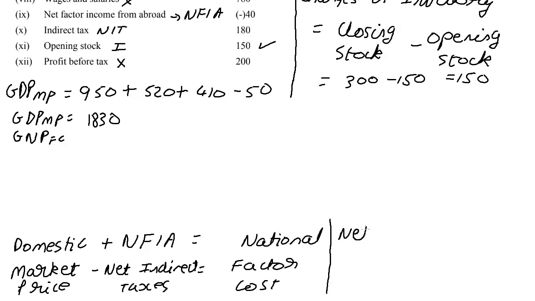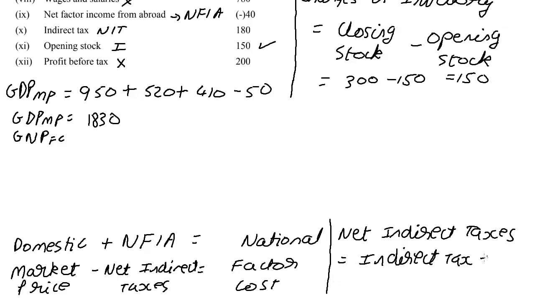Net indirect taxes is equal to indirect tax minus subsidy. Okay, so we have 1830.